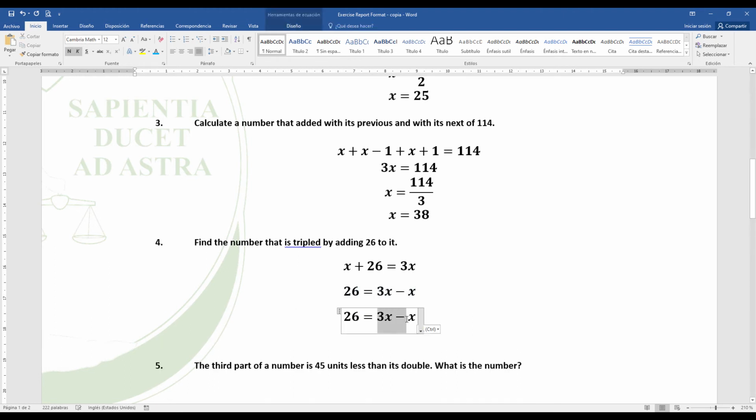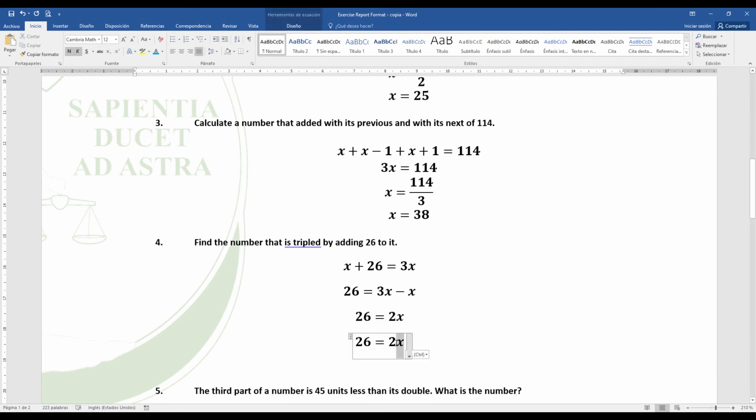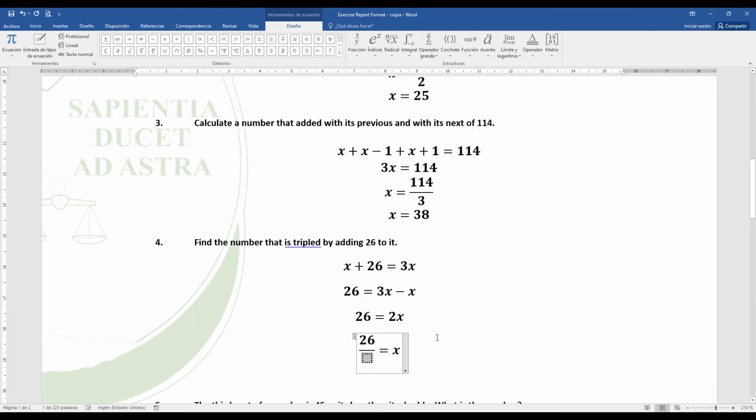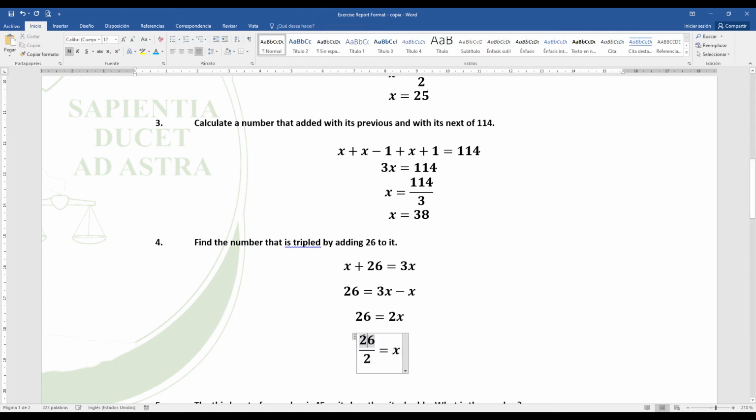So here you get 2x. And to clear the variable here, you need to pass the number 2 to the other side, dividing.